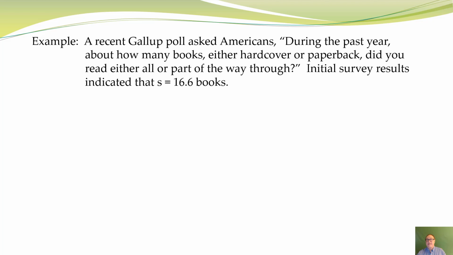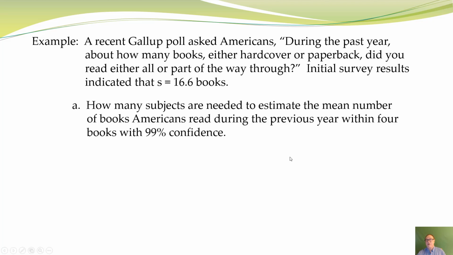So now, what if I had the same problem? Okay. This time, I'm looking for a 99% confidence interval. Okay. So S is still 16.6, E is still 4. 99% implies the critical value is 2.575.